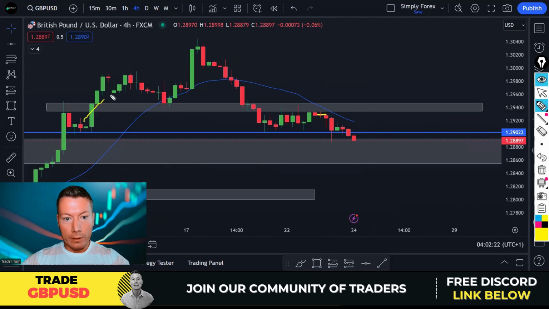Okay, now if we look at the H4, we was in this uptrend. Okay, it became a bit of a range. Okay, and then I look to sell at this area here. You can see that yellow line is where I entered. So why did I enter there? Well, we're in a H4 downtrend, and we was at a nice level of resistance.